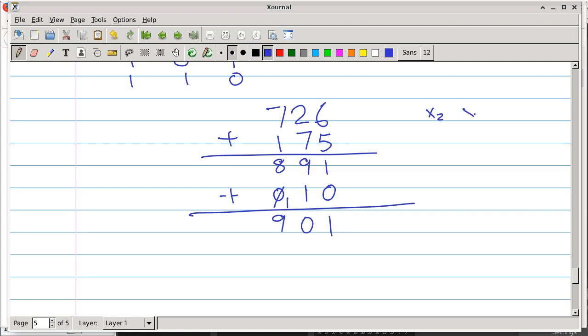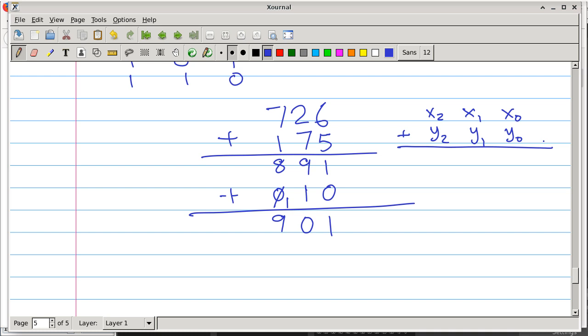x2, x1, x0. So x0, x1, x2 are representing the 3 digits of the first number that we are adding. Okay? And you might probably know that already. We're going to have y0, y1, y2 to represent the 3 digits of the second number that we are adding. Is that okay?